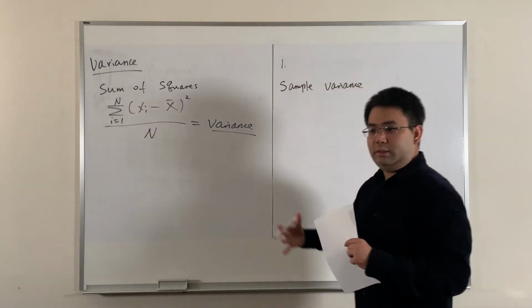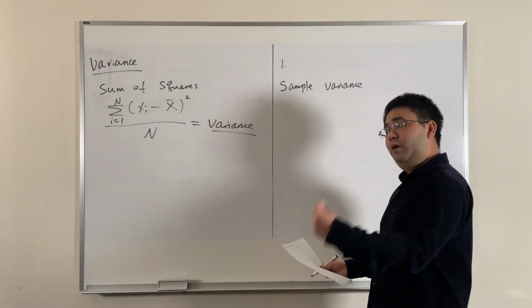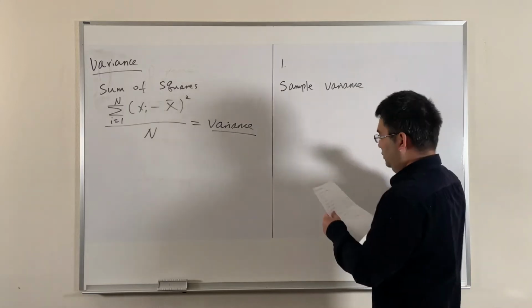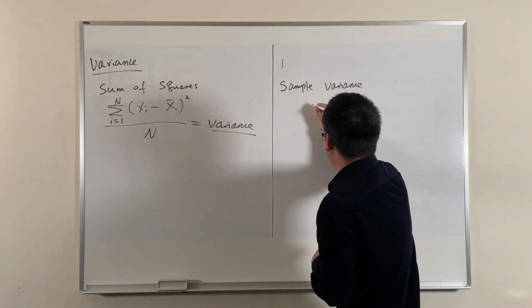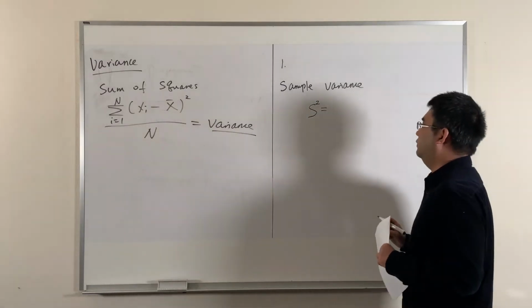So sample variance is just you have a set of sample data points, and then you find the variance of the sample set. And this is denoted with S squared. Okay, S squared to denote your sample variance.